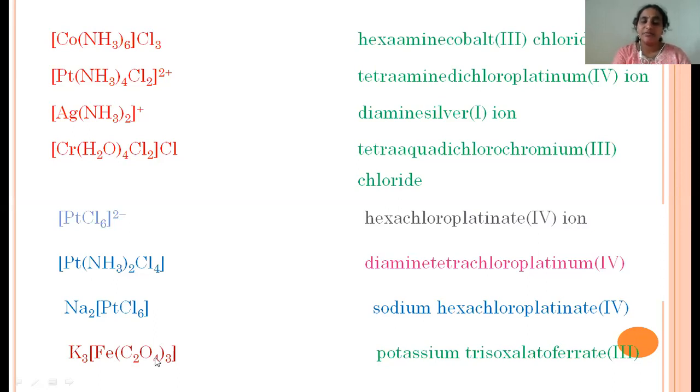Each oxalate contains -2, so -2 into 3 is -6, and 3 plus charges are present, so finally iron will get +3 charge. So these are a few examples of writing the IUPAC nomenclature of coordination complexes.